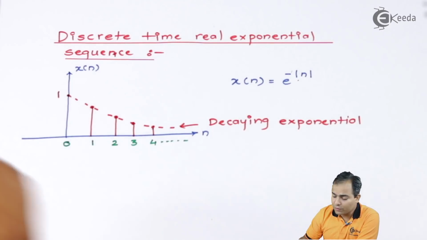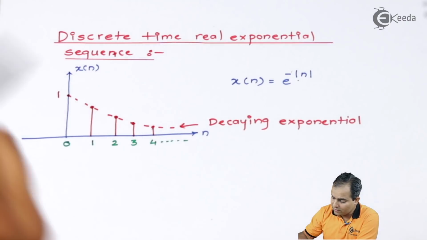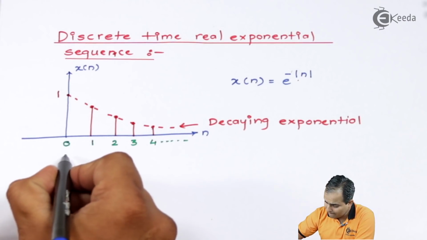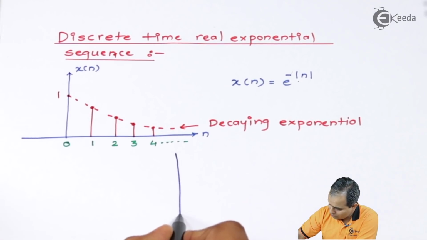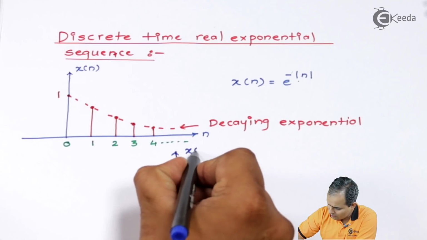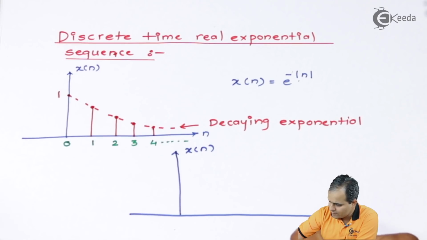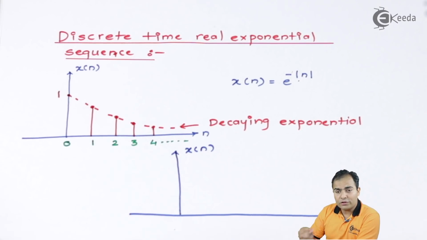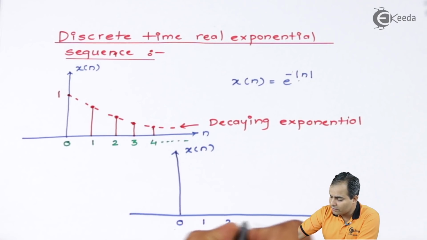Now I want to show the rising exponential. Rising means your amplitude continuously goes on increasing. How will the graph look? I'll plot that graph once again. Let's say the time sequence is 0, 1, 2, 3, 4 and so on.